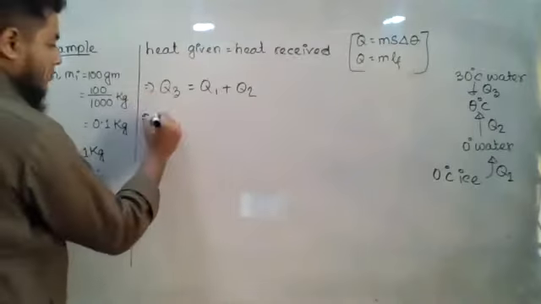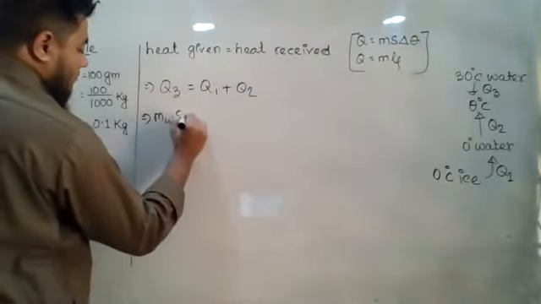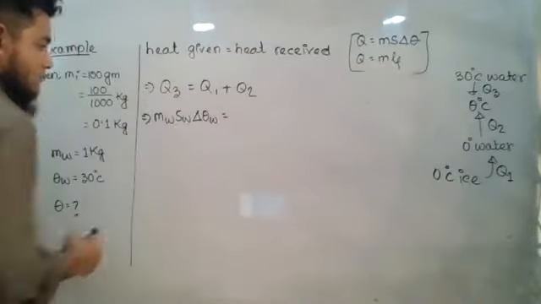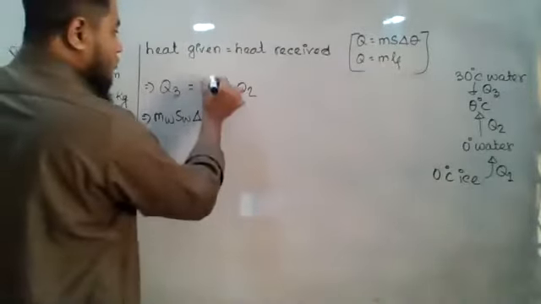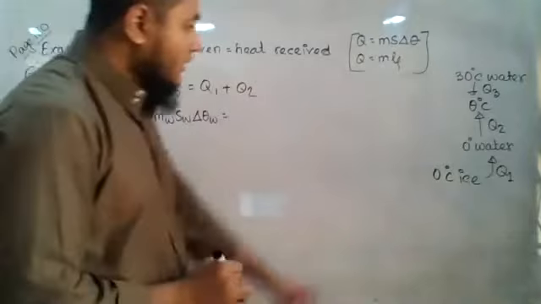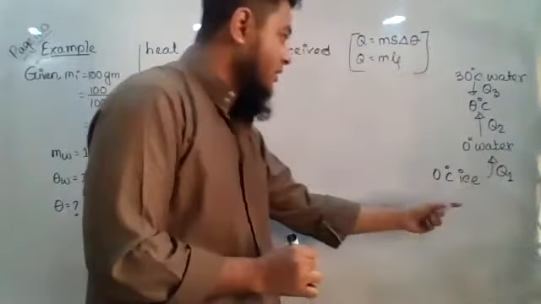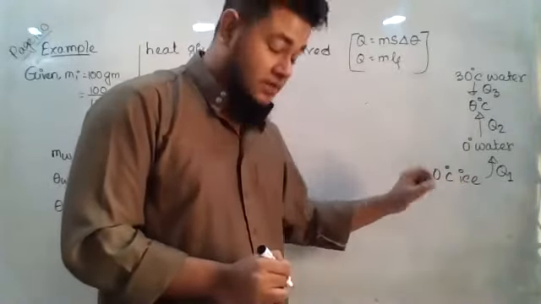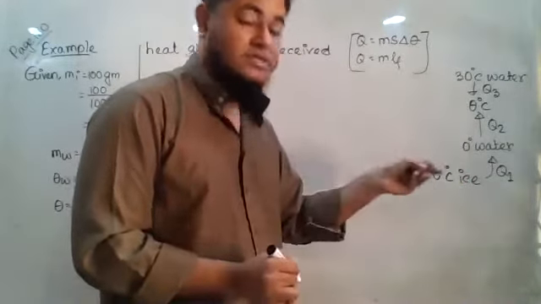So then we will write m_w, s_w, and delta theta_w, and it will be equal to Q1. Where is Q1? Q1 is this process where the temperature does not change, but the state of the object changes.